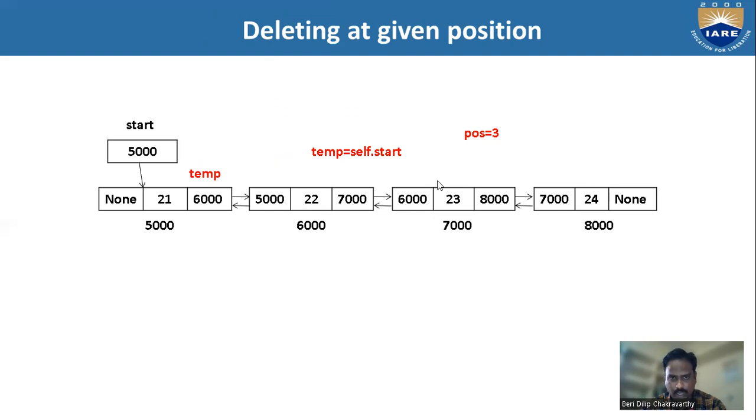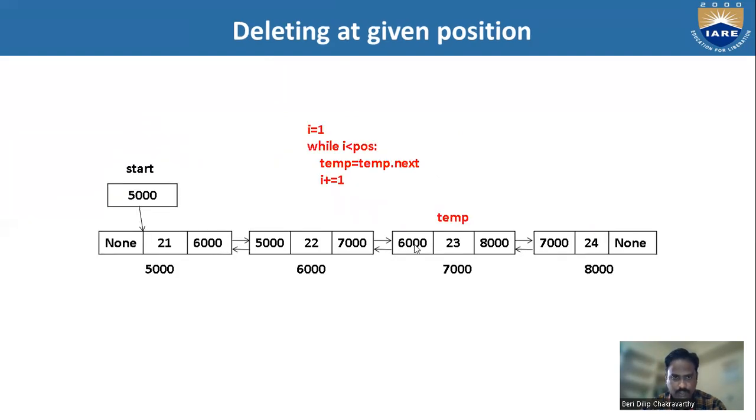So after reaching here, I'll be deleting. Observe here. After reaching this, I need to delete this node. Here I have given 7000. In place of 7000, I should give 8000.